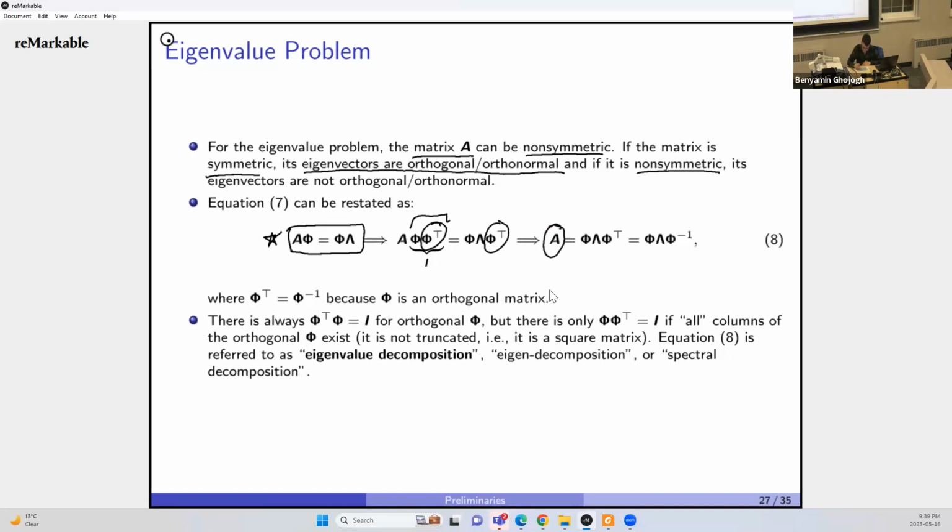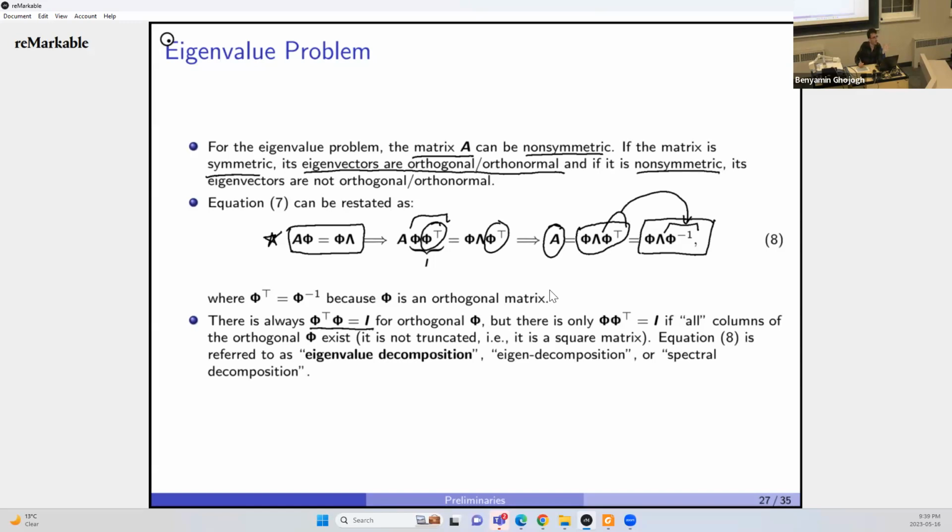So we'll have A here, and phi lambda phi transpose. As it is an orthogonal matrix, you can write phi transpose as phi inverse too. This is called eigenvalue decomposition: A equals phi lambda phi inverse, or phi transpose. This is also called spectral decomposition.